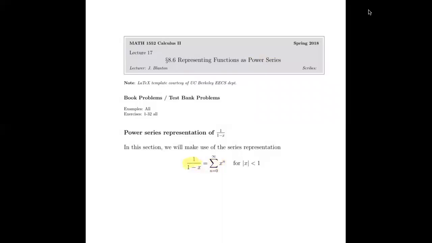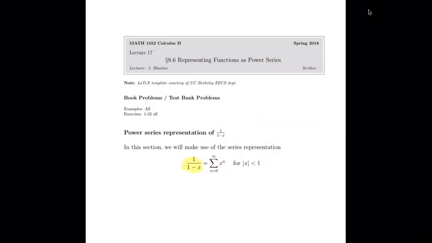And it'll all hinge from this geometric series identity that we have below. So we know that the sum from n equals 0 to infinity of x to the n is equal to 1 over 1 minus x, provided the absolute value of x is strictly less than 1.